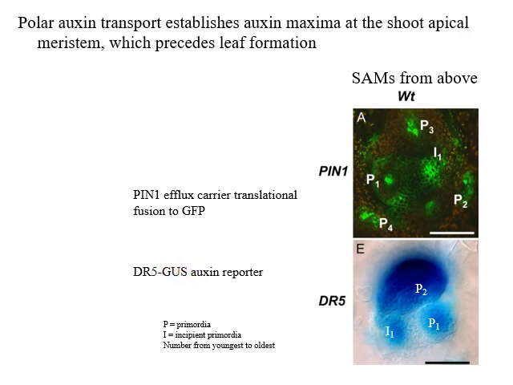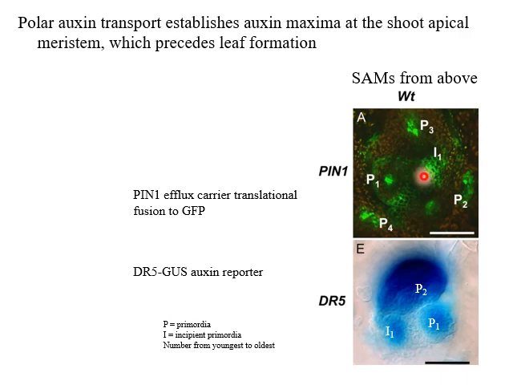The GUS gene can convert uncolored substrate into a blue product. Both pictures show the vegetative meristem from above. It's hard to work with the vegetative meristem. Most people work with the reproductive meristem, the inflorescence, because it's larger and easier to look at. But we're foolish enough to look at the vegetative meristem.